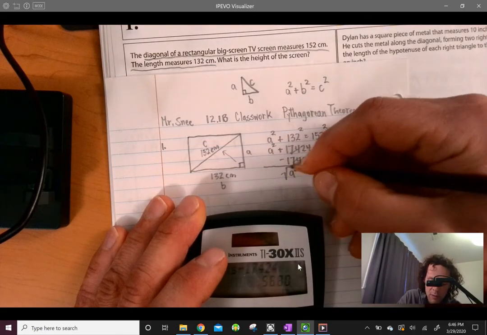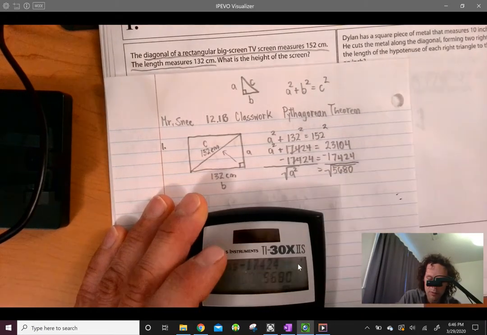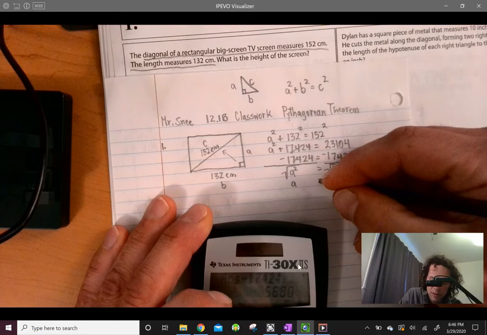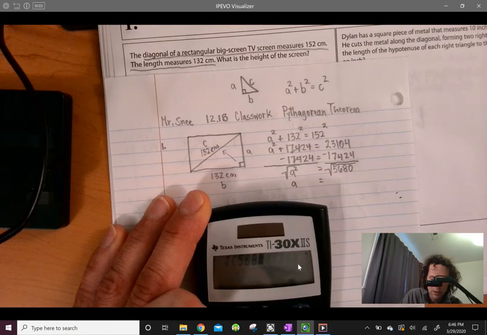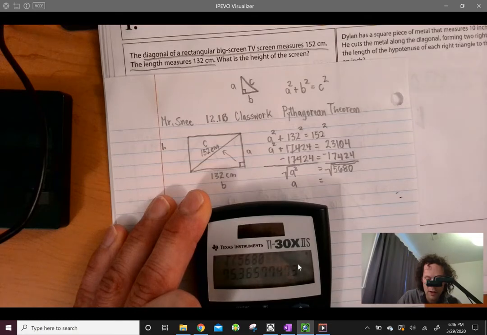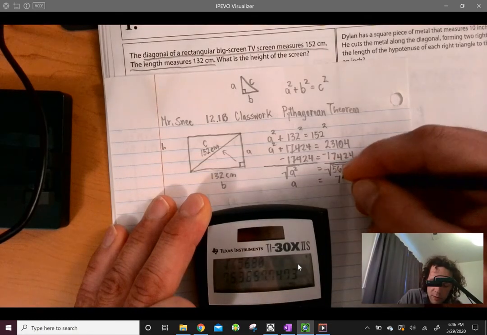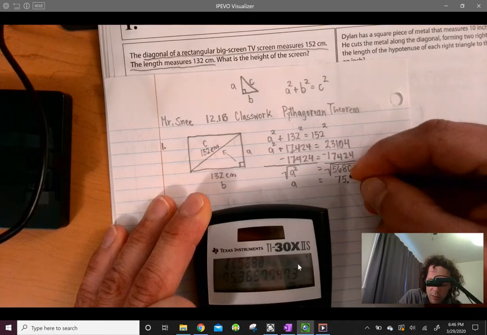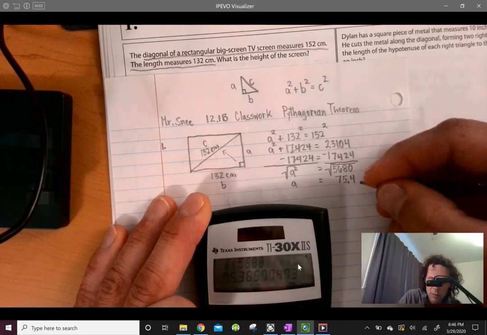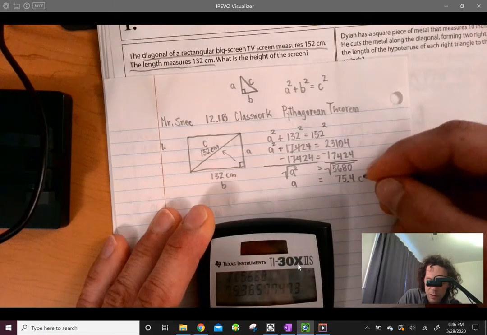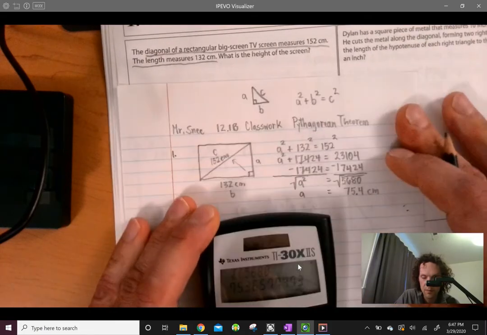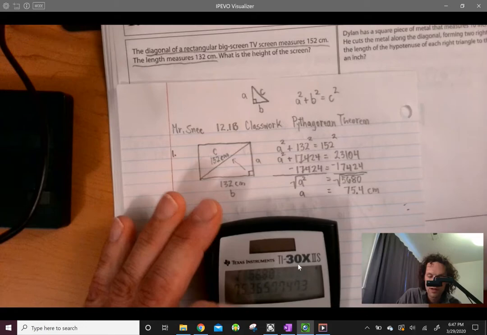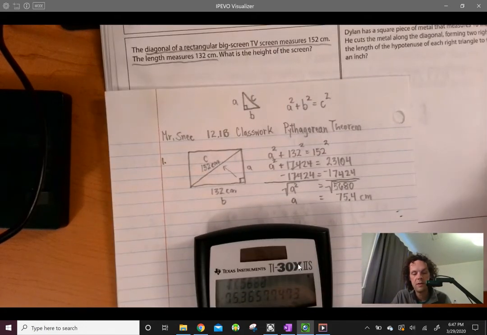If I take the square root of a squared, I find what a is equal to. And if I take the square root of 5,680, I get 75.365, so 75.4 centimeters. Okay, so that's the height of that big screen TV in number 1.